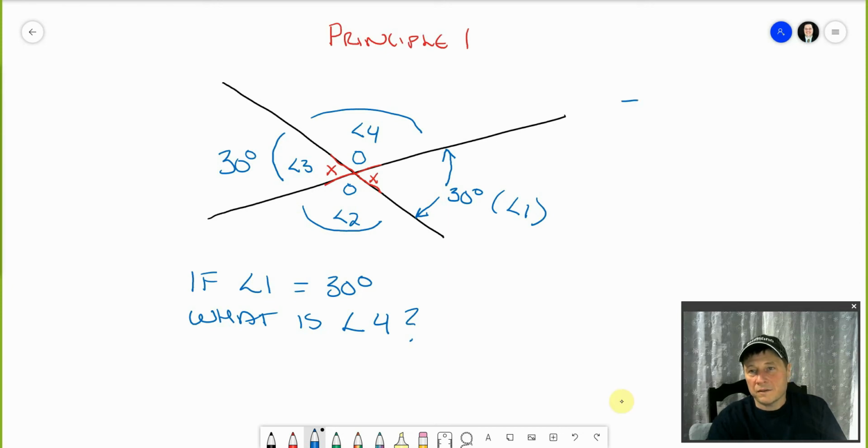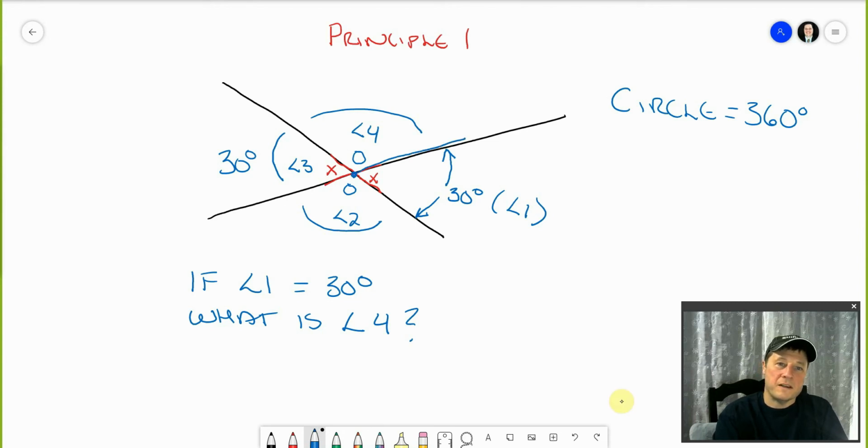Well, some basic things. We know that a circle equals 360 degrees. In fact, remember we talked last week, if you took a ray and this is your pivot point right here, and this is your ray right here, and we take that ray and we move it all the way back into this position, we get 360 degrees.